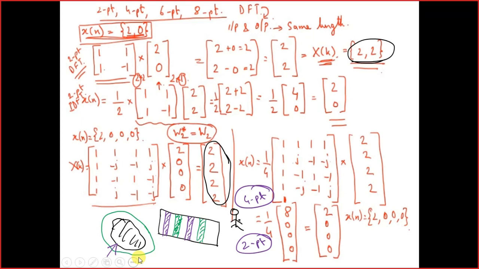So whenever you want to discretize a signal, you have to take care that there is no aliasing in the signal.